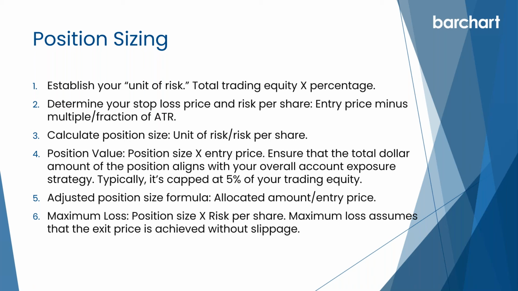Calculating position size. So this is done by dividing our unit of risk by our risk per share. Now, our risk per share in this example is going to be 2 times our ATR. Now, once I establish my position sizing, I need to check my position value to ensure that it aligns with my allocation maximum.